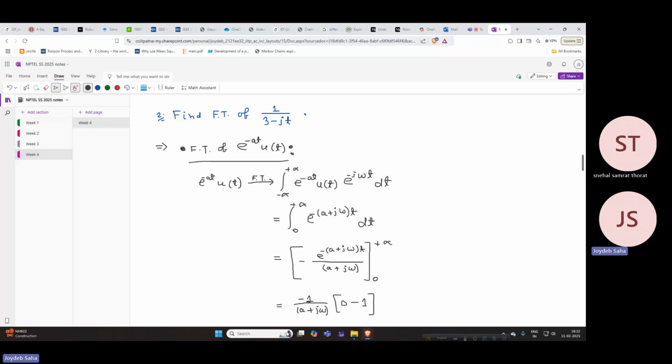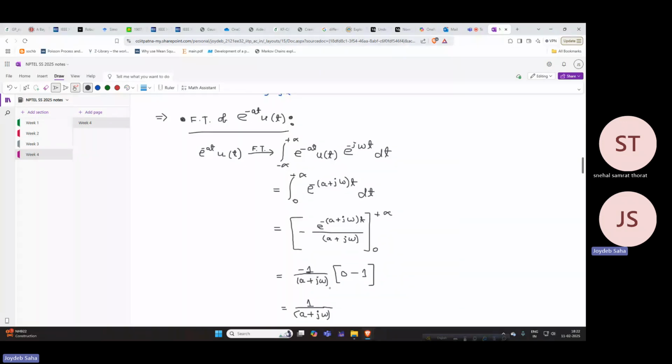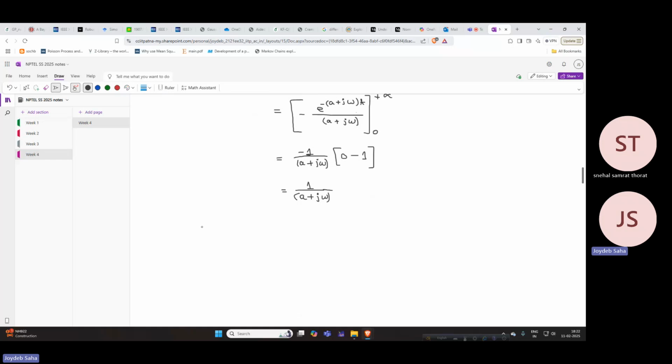Because from here we will get the same form in the frequency domain. And now we can apply the duality principle. What is the duality principle? Let us write it here.